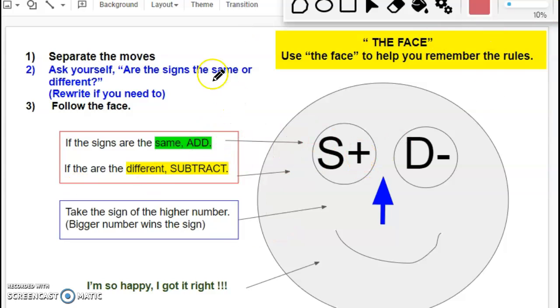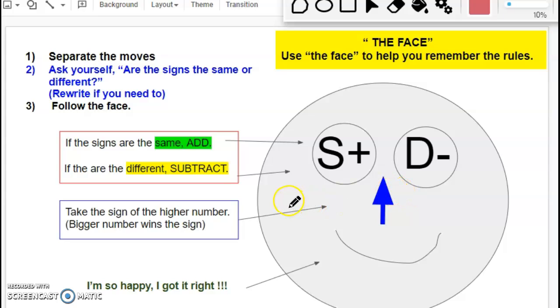Okay, so first thing you would do is separate the moves. The second thing you will do is ask yourself if the signs are the same or different. You may need to rewrite your problem. And then you're going to follow the face. So the S plus, just to remind you what it means, is that if the signs are the same, you add. And the D stands for if the signs are different, you subtract.